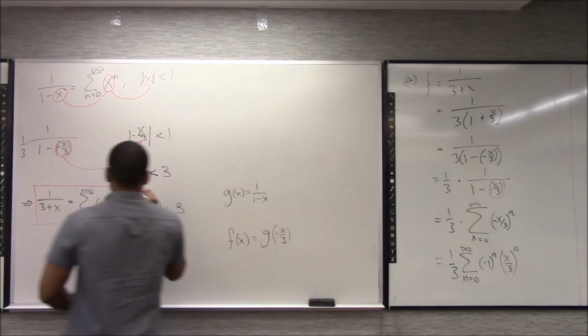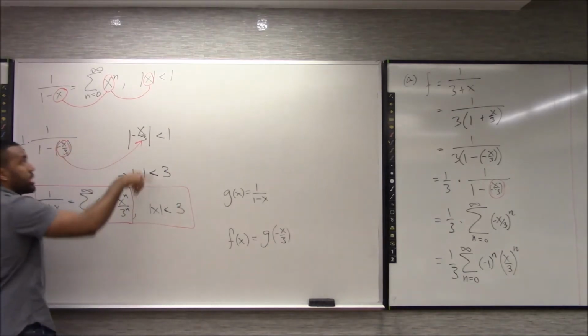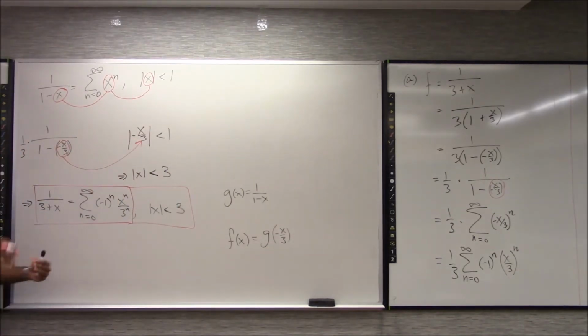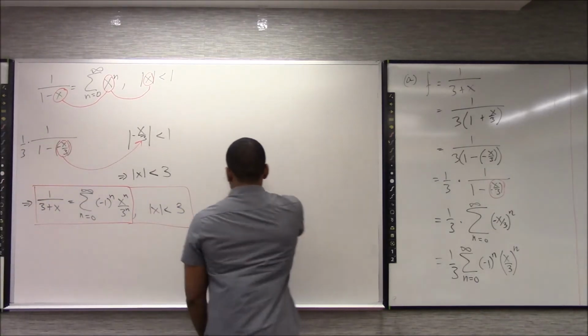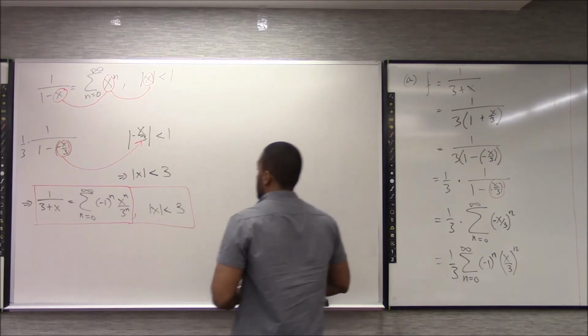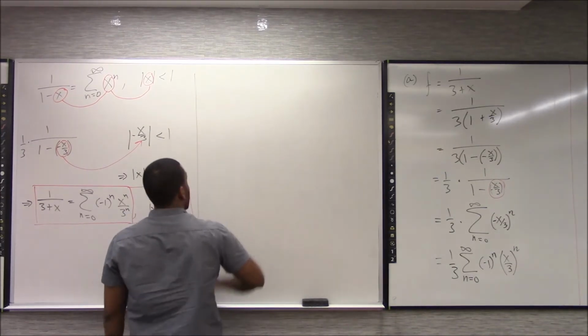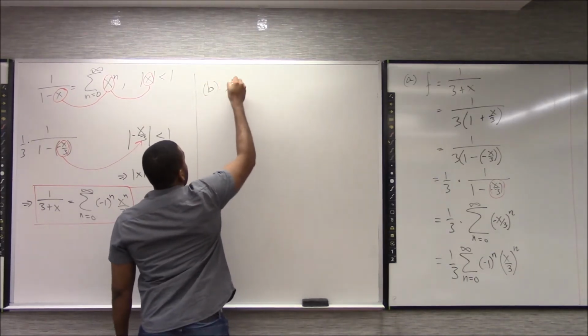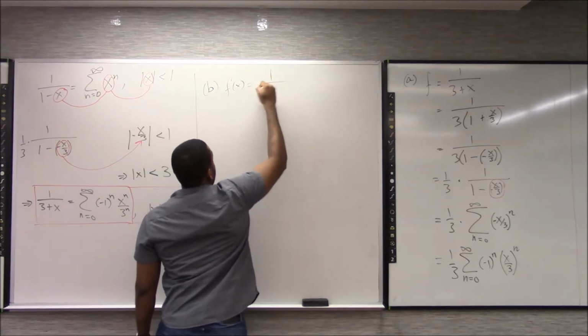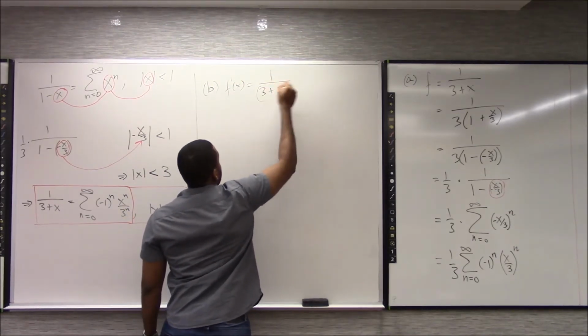And if I ask for the interval of convergence, well, you just, again, piggyback on the interval of convergence for the known series and just swap in the expression that the x was replaced with. What about b? Suppose my function is 1 over 3 plus x squared.